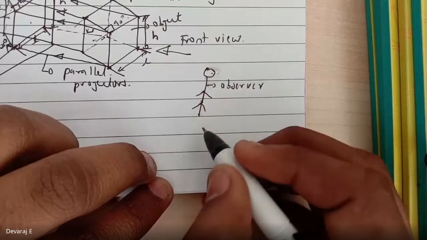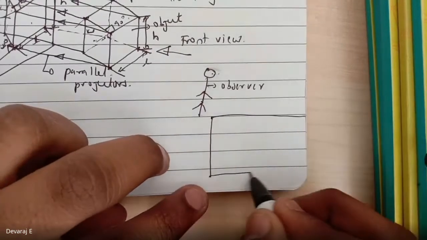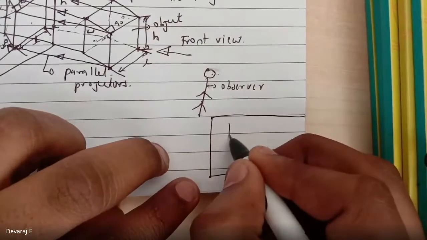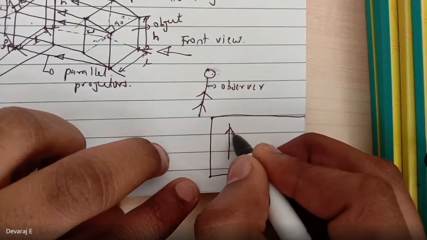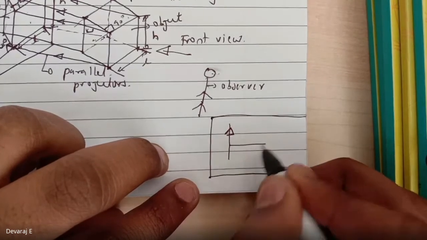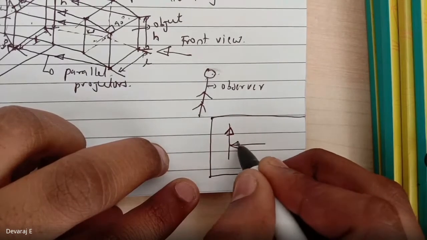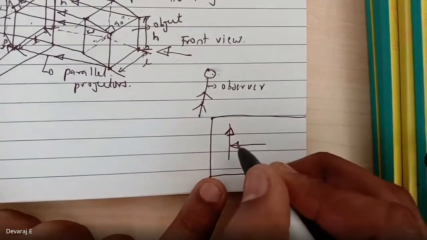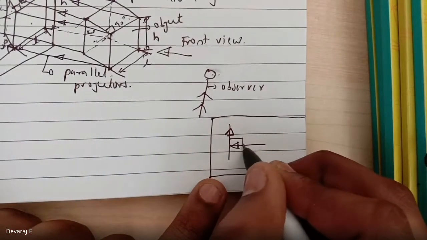Yes, sir. So when you come for the perpendicular, see, if the line of sight is in this direction, the first line of sight direction is this, and the second line of sight direction is this. This is an example. So this you can see, this is 90 degree.